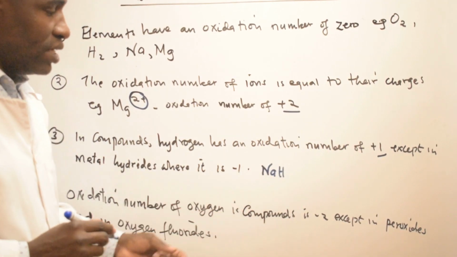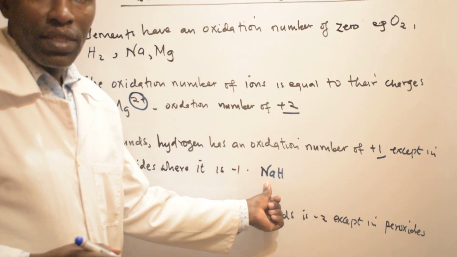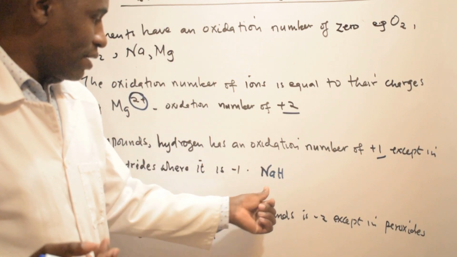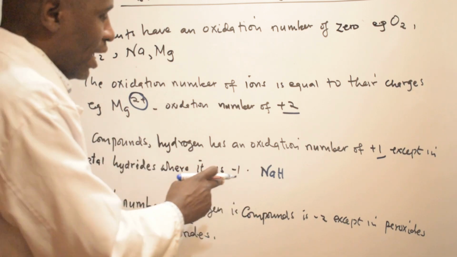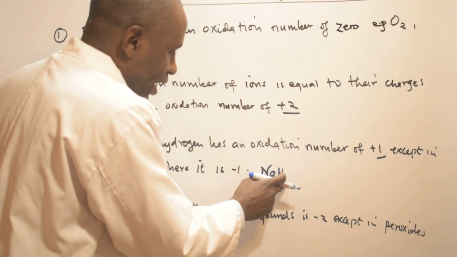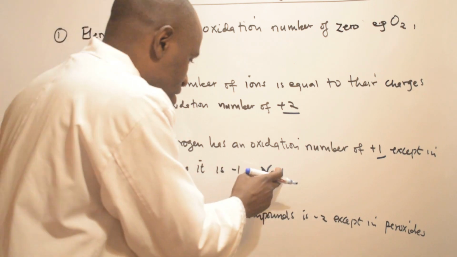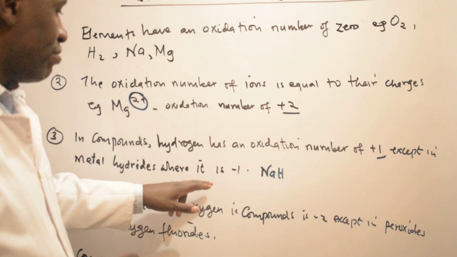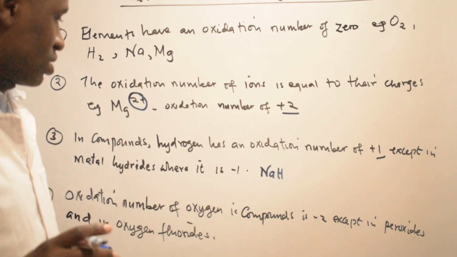In this particular case, the fact that sodium has a higher tendency to lose electrons, it is going to lose an electron, and hydrogen will acquire that electron. And that means hydrogen, in this particular case, will have an oxidation number of -1. That's what we're talking about.